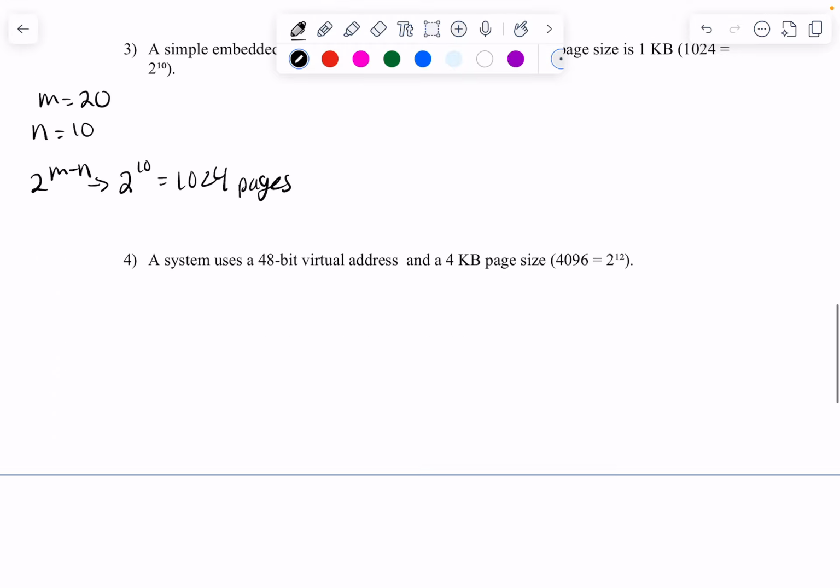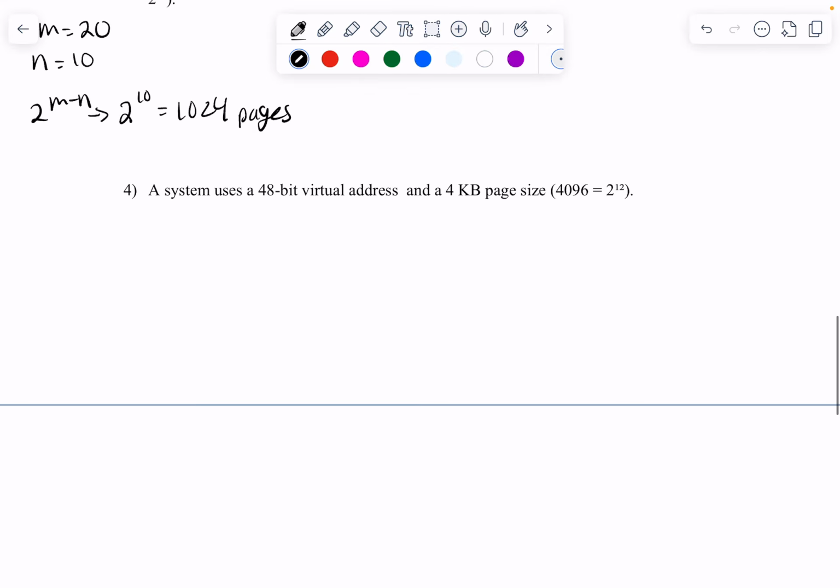Cool. And then our fourth problem is a 48-bit virtual address with 4 kilobyte pages. Again, our m is 48, where our n is 12.